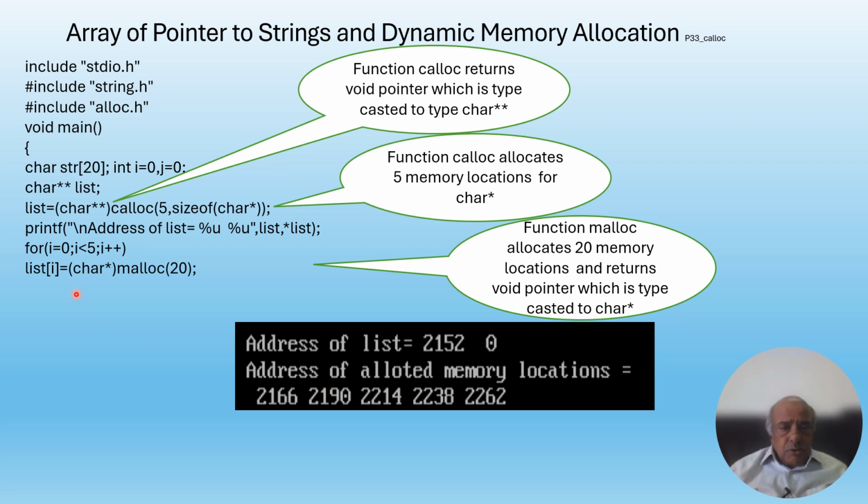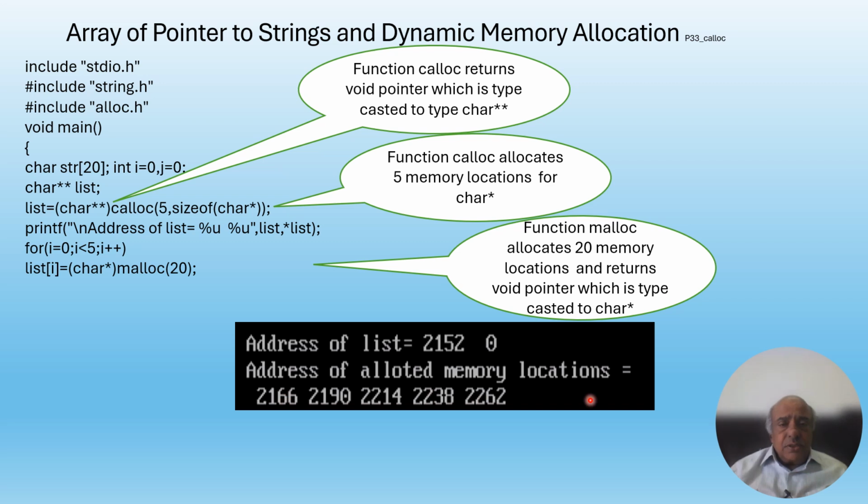Memory allocated to individual elements of list is 5 addresses; the blocks of memory allocated using the malloc function will have addresses of 2166, 2190, then 2214 and so on.